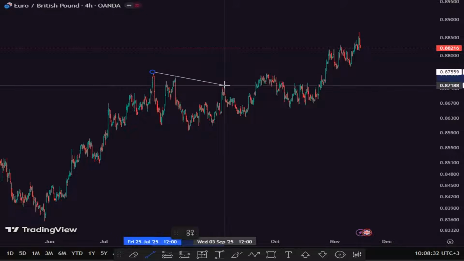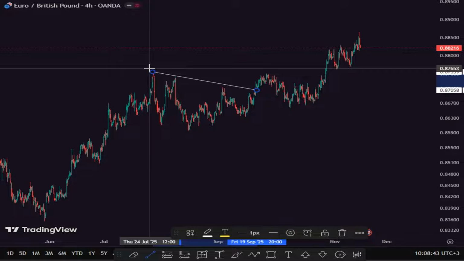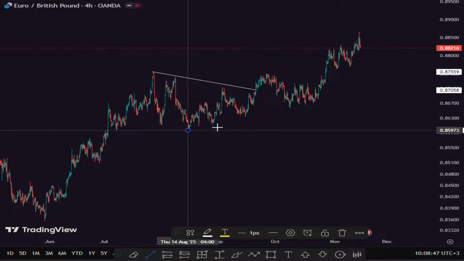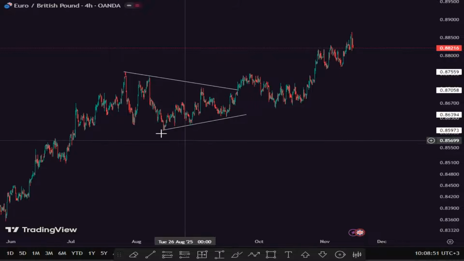Just repeat the same thing. Remember, right now we are not using trend lines. We are talking about patterns. The same way we analyzed trend lines using 1, 2, 3, the same thing we use on patterns. We have a 1, 2, third touch, right? On the third touch, that's where price usually behaves. 1, 2, 3, something like that.